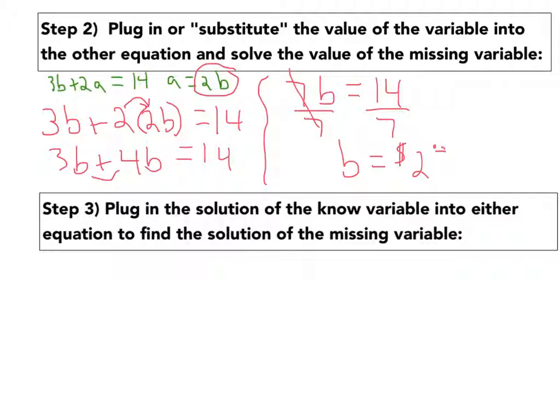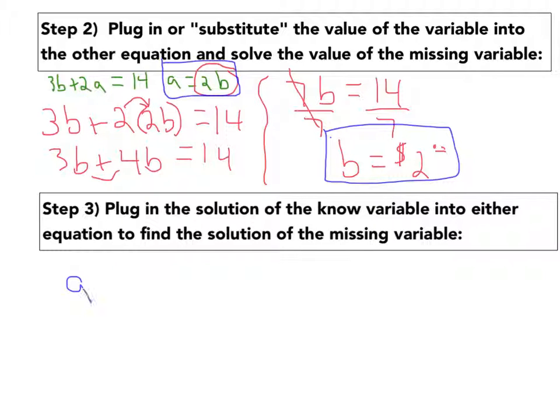Okay. Step 3, plug in the solution of the known variable into either equation to find the solution of the missing variable. So we know that blueberries are $2, and we're going to plug in the value 2 into either equation. I'm going to choose a equals 2b because that's the easiest equation to solve.